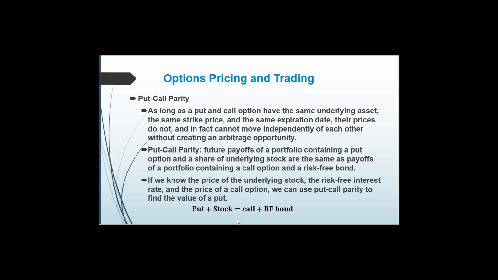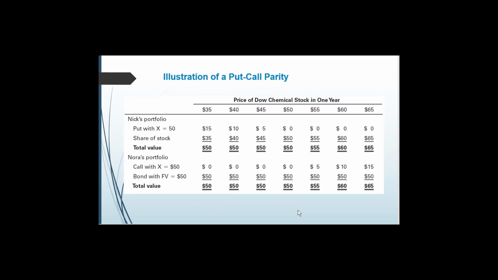You can create a stock investment if you buy a call, invest in a risk-free bond, and write a put. So plus on the call, plus on the risk-free, minus on the put. Again, we don't have to get into too much detail about the theory here. This mechanism has to hold, or we can have some problems with pricing.